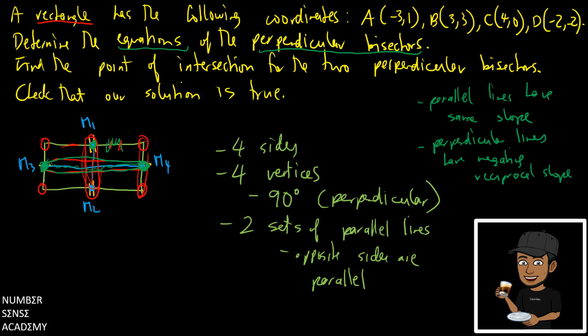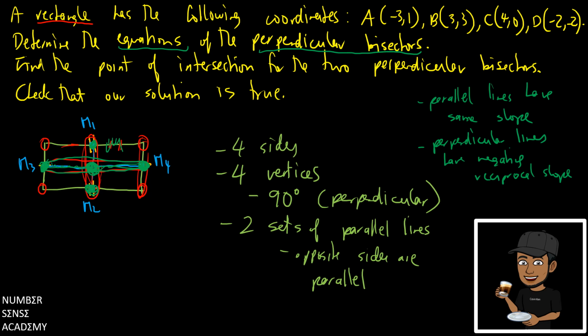Then, to find the intersection of the two perpendicular bisectors, which is going to be right here in the middle, I just need to take the midpoint of this line going vertically, or I take the midpoint of this line going horizontally. The challenge there is now I need two sets of midpoints to find this midpoint.